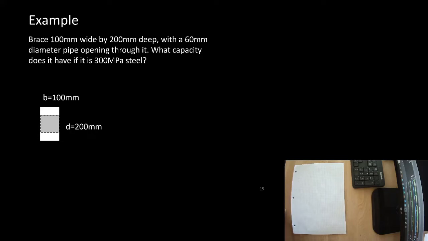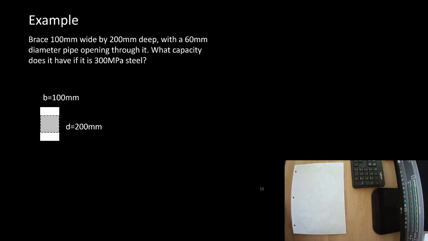Interesting fact, when I started in the industry, many of our materials, including plate and channels and angles, were made with 300 MPa steel. The steel code has said we don't have to accept that anymore, that we can say it all must be 350 MPa steel, or 345 if we're talking about hot rolled sections. But every now and then this 300 MPa steel still shows up on projects and sites.